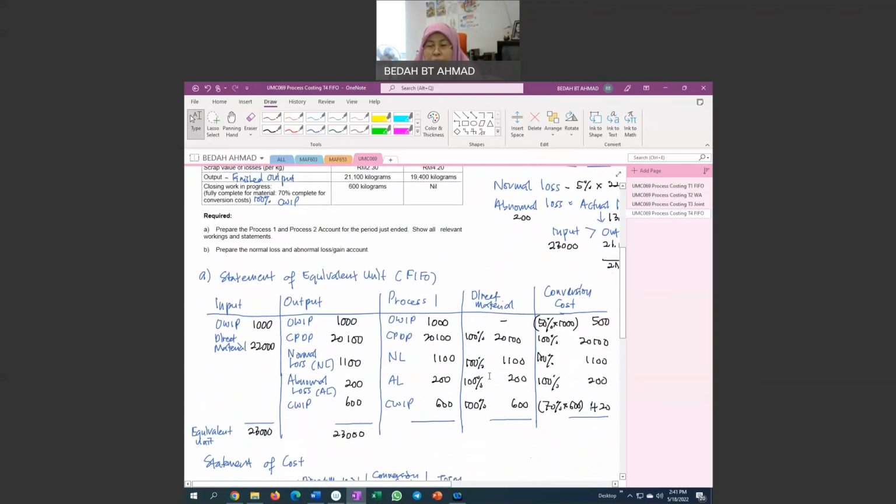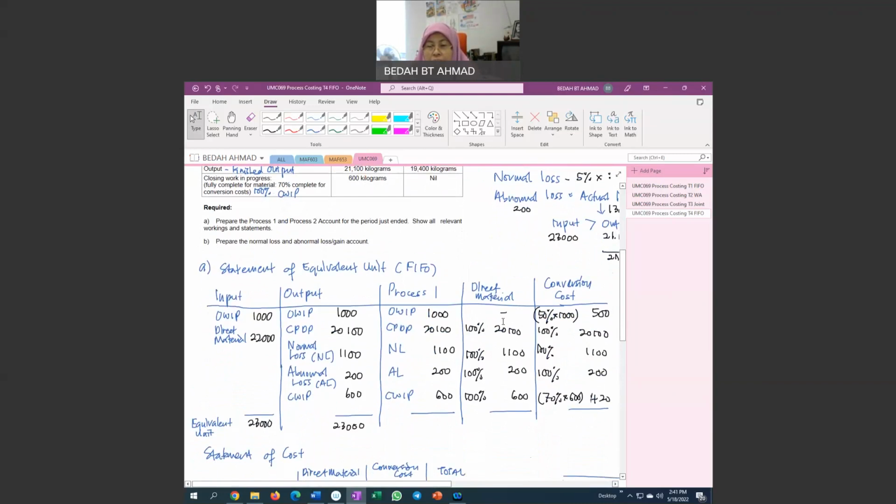We don't put 1,000 here because it is considered part of the completed production during the period, CPDP, and we assume that this is already 100% completed. So that's why for the OWIP it is put as nil or a dash.